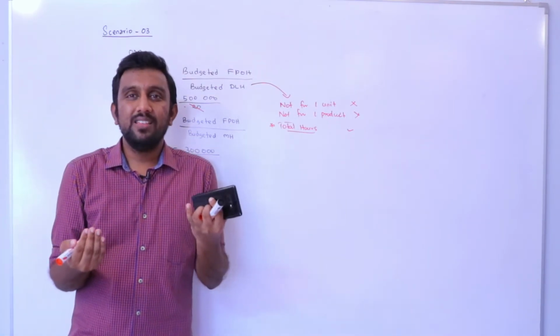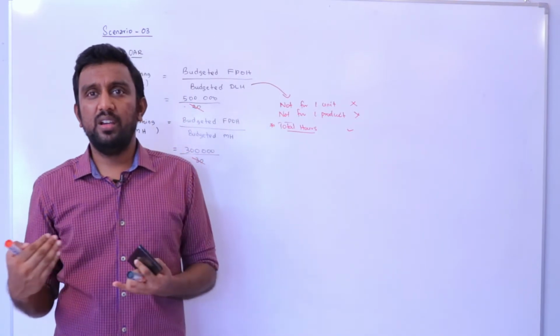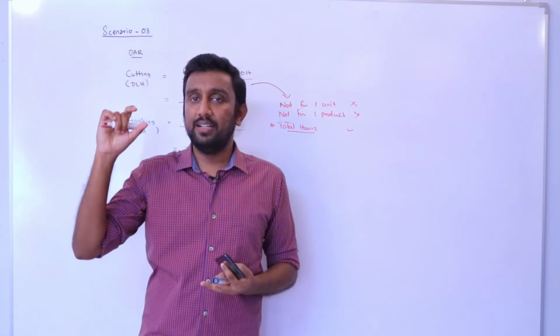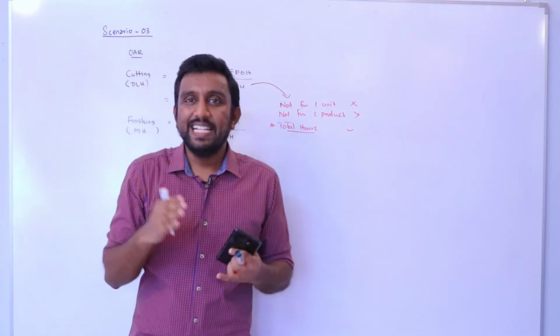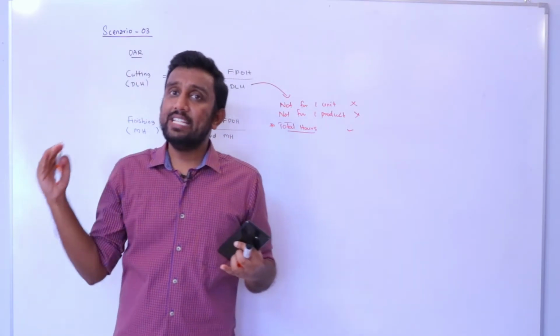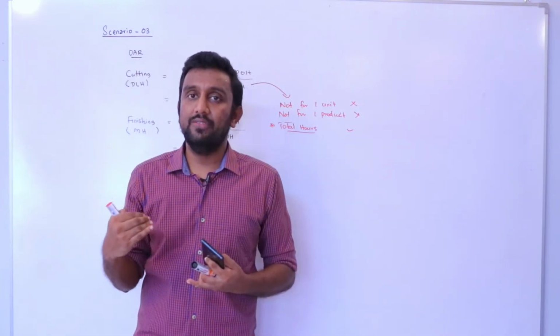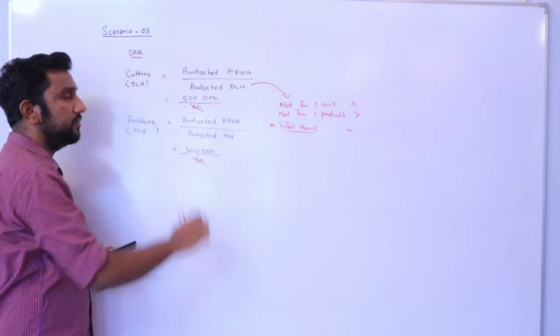Because if we have some budgeted cost and we just divide by per unit hours, it is entirely wrong, because this budgeted fixed production overhead is the total. So if that is total, you have to divide by the total, not by per unit hours. So 20 is wrong.